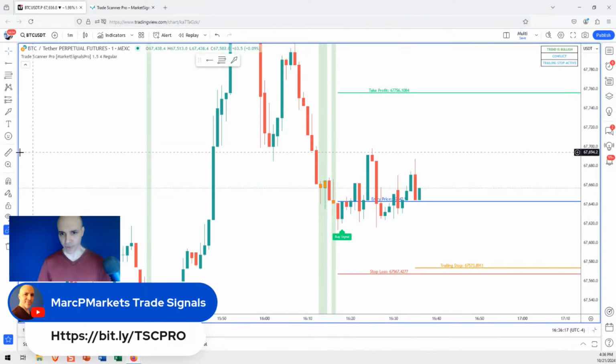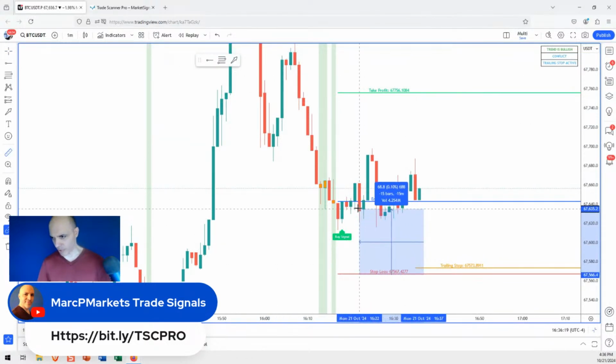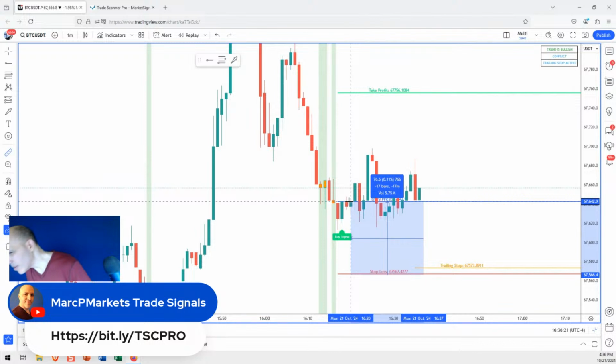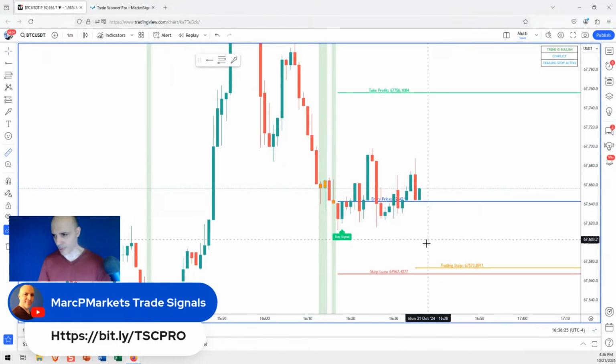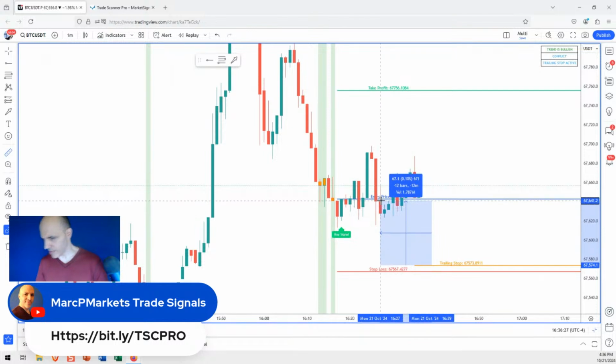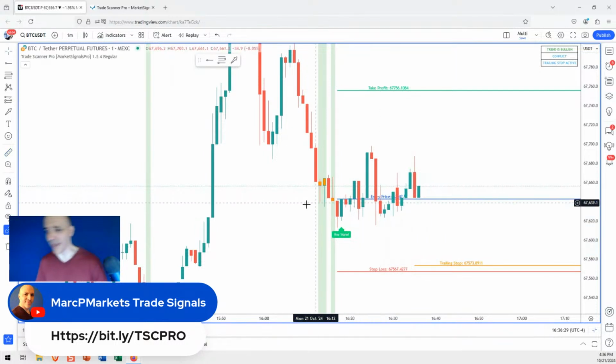All right. So, let's see, what was my original risk on this? 76 points is my original risk. The trailing stop has reduced that to 68 points. Not a big deal, not much of a reduction.